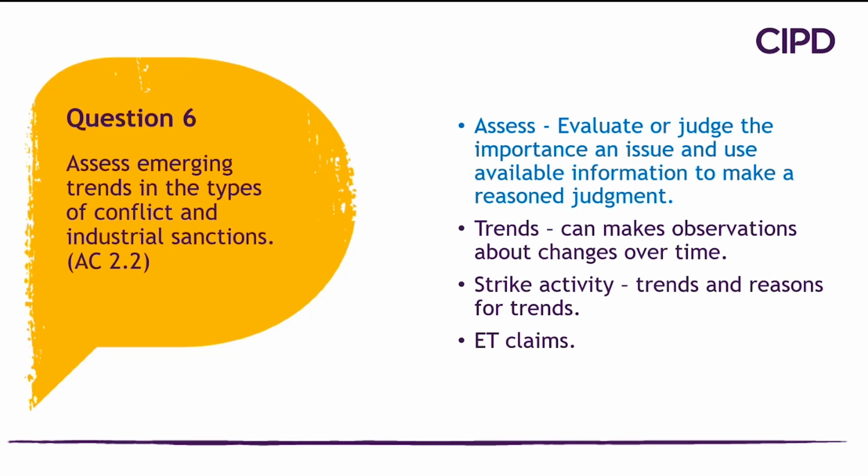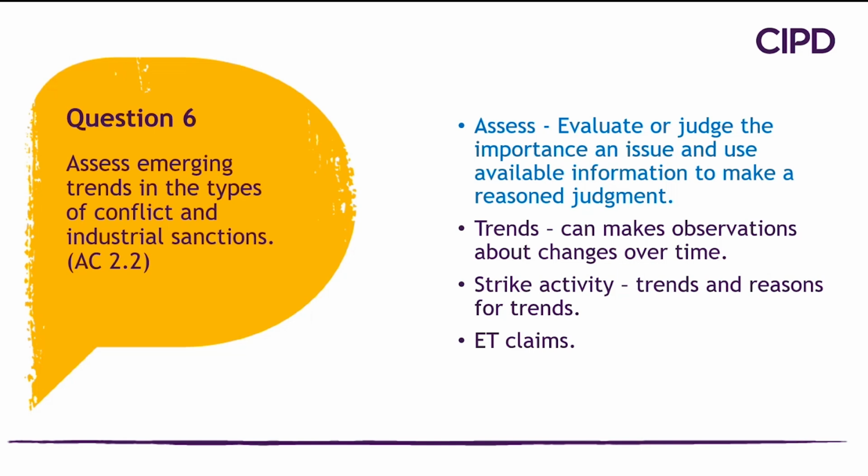Question 6 requires you to assess emerging trends in the types of conflict and industrial sanctions. You therefore need to evaluate and appraise the trends. It is important to include data and evidence to support points. For example, if you choose to write about strikes, you could consider whether the number of stoppages is increasing or decreasing, and explore the reasons for the trends as part of your assessment.